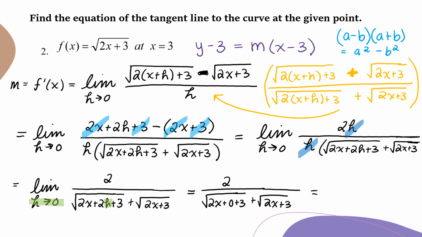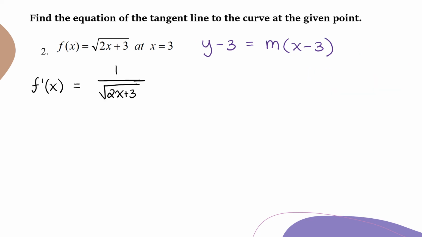So that's 2 square roots of 2x plus 3. So we have 2 over 2 root 2x plus 3. There's so many 2's here. And luckily, some 2's will divide out. So we're left with just 1 over the square root of 2x plus 3. So we found that f prime of x is equal to 1 over the square root of 2x plus 3.